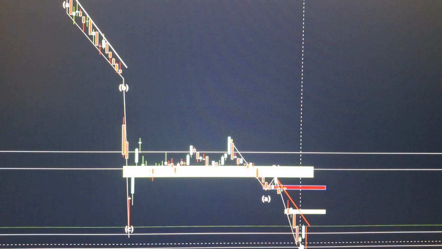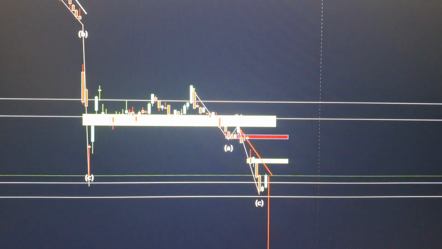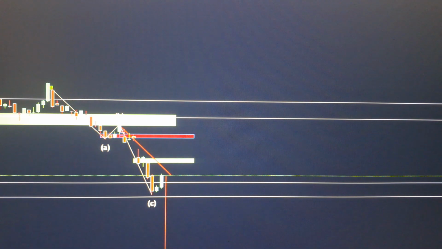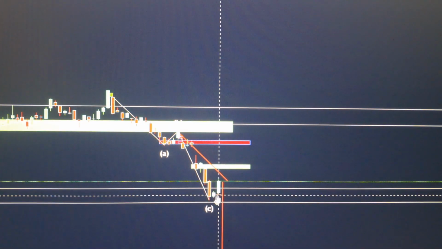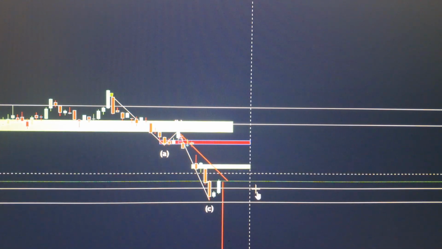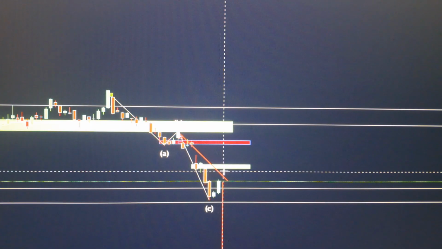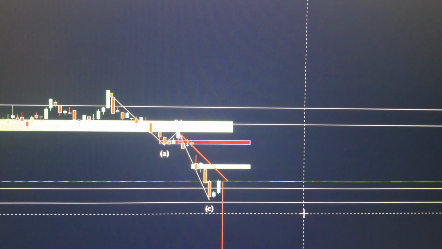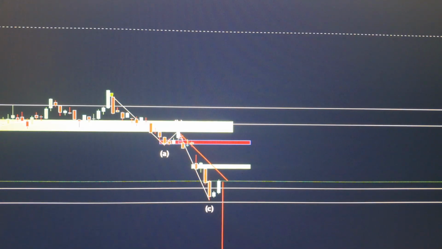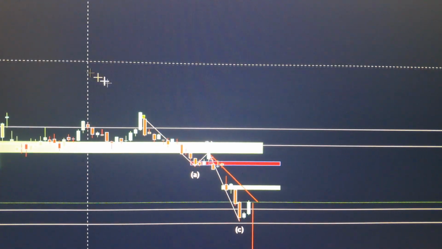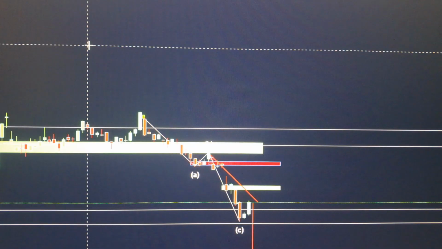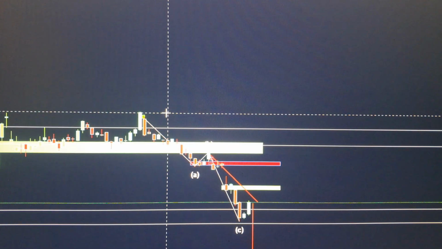Here's your overextended three. So now what I am expecting is a fourth leg. What I want to see on UNH is either a really fun trade trying to play supply and demand for the next, typically with a fourth wave, sometimes it's half of the extension, time-wise, of your third leg, most of the time double the size of your second.